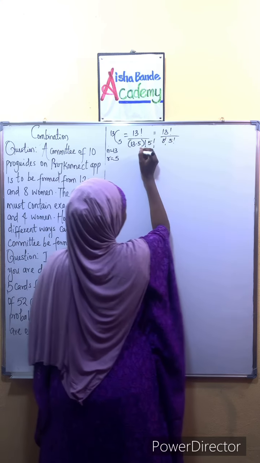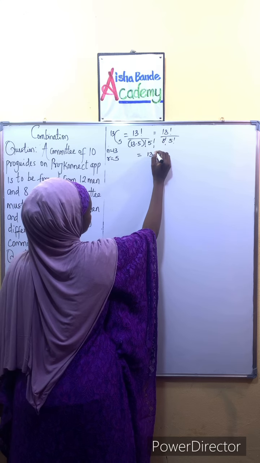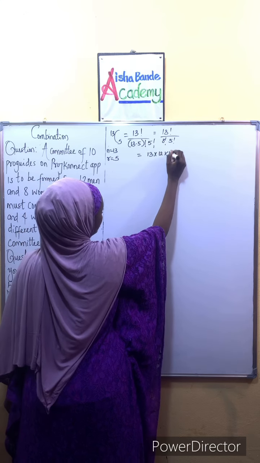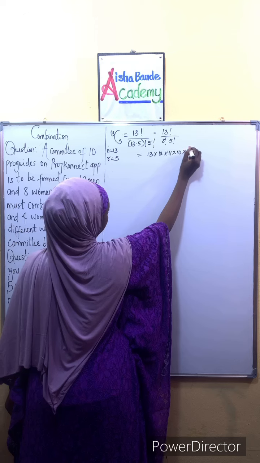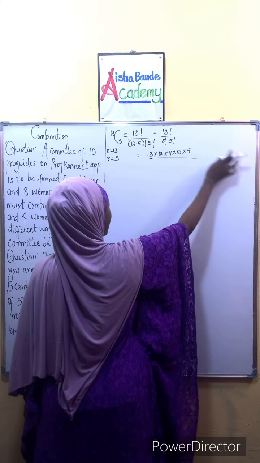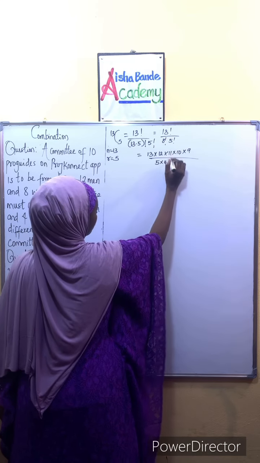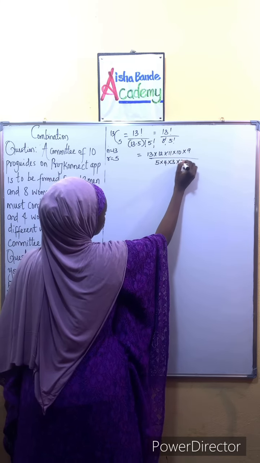So simplifying this, we're going to have 13 times 12 times 11 times 10 times 9 all over 5 times 4 times 3 times 2 times 1, since the remaining 8 downwards cancels out this factorial.